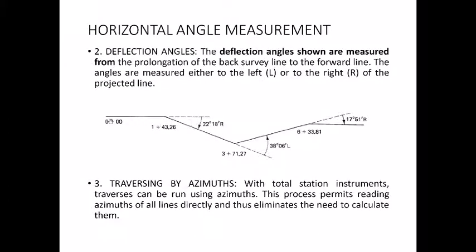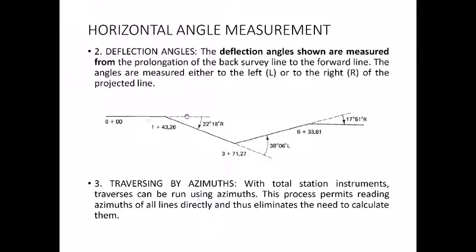Let's say this is the path that I want to lay out in the field, and I start from over here. Up till some distance my path is straight, but after that there is a deviation from the original path. This is the path had there been no deviation, and this angle, which measures the deviation from the original path, is called the deflection angle.